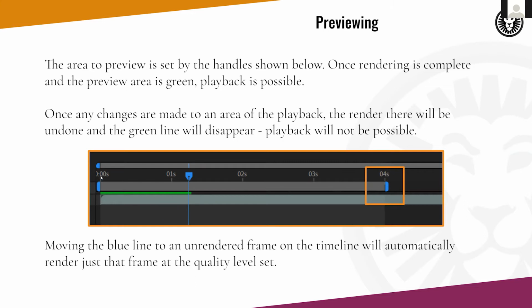Then when you press play and it renders, it will only render up to there, and then it won't go any further. It will stop there, and you can then play it. So you don't have to render the entire length, your 15 seconds or whatever your length is, you can actually just use that 4 seconds.